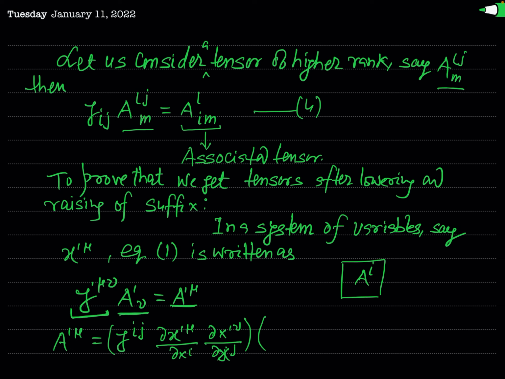So according to the transformation law of a covariant tensor of first rank, if the components of this tensor in the unprimed coordinate system are, let us say, AL, then we will write AL times del XL over del X prime nu.